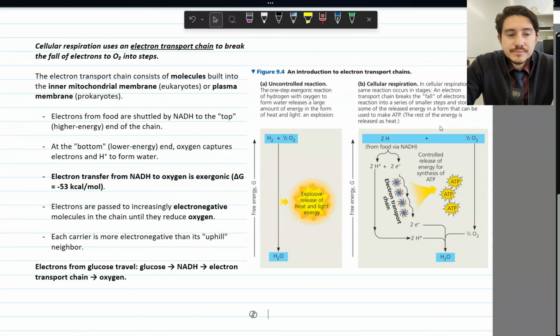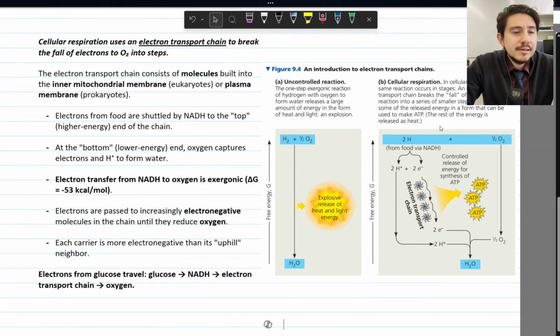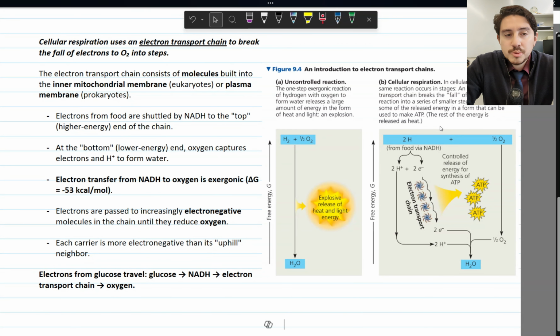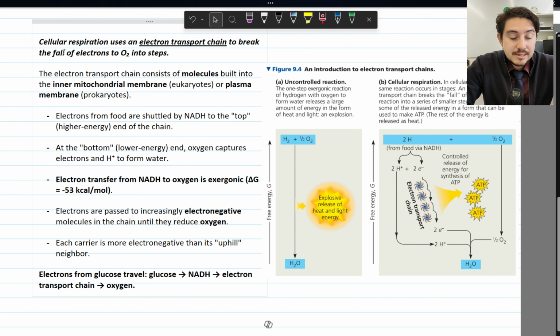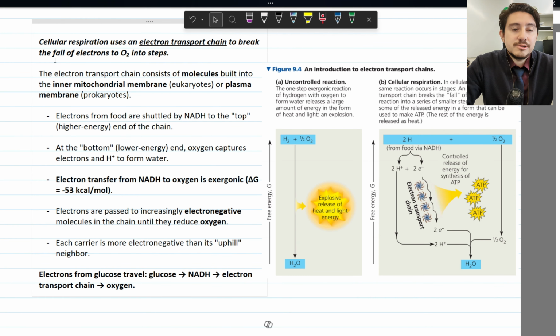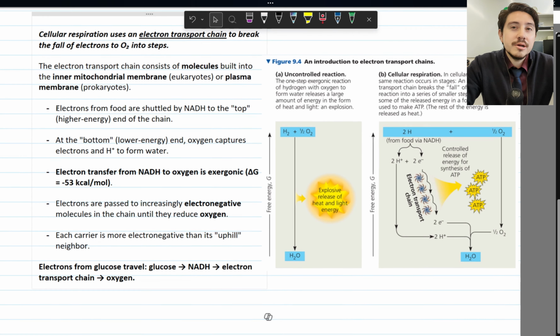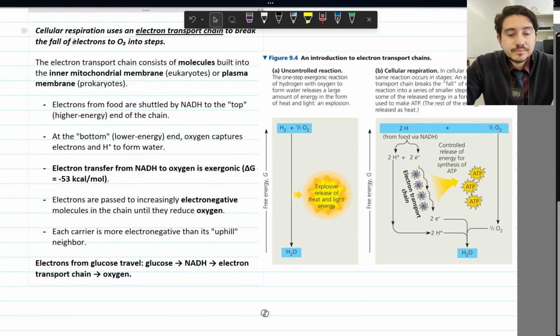Good. All right, getting a little bit now into the electron transport chain. Now, just to understand in essence what it is, and then we're going to see it in more detail in the mitochondria. So you have this system called an electron transport chain to essentially break the fall of electrons and pass these electrons from one molecule to another, to another, to another.